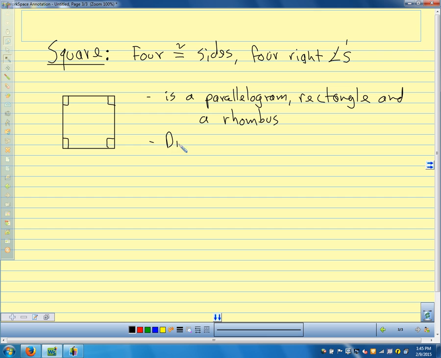So the diagonals bisect each other because it is a parallelogram. They are congruent because it's a rectangle, and perpendicular because it's a rhombus.